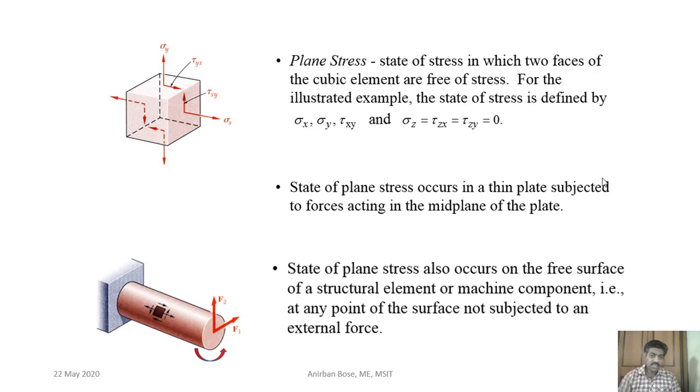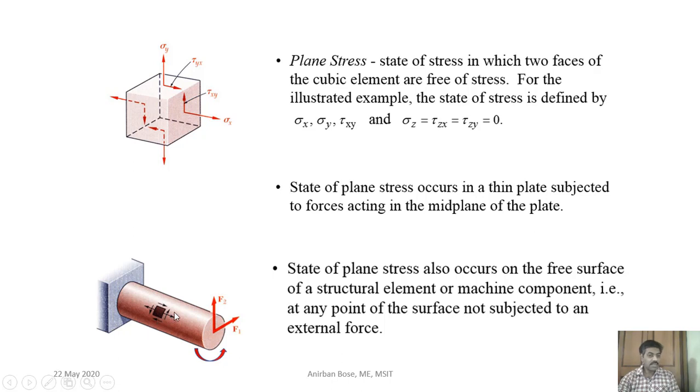But more than that, a much more common situation is where a complex loading or a combined loading is acting on a machine component. Here you can see that a torsional load is there because of this force, and maybe a bending load is also there. Because of this complex loading also, the surface element must be in a plane stress condition, unless some force is acting exactly at that point.